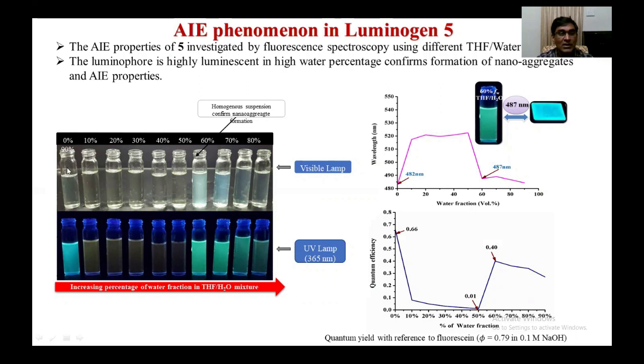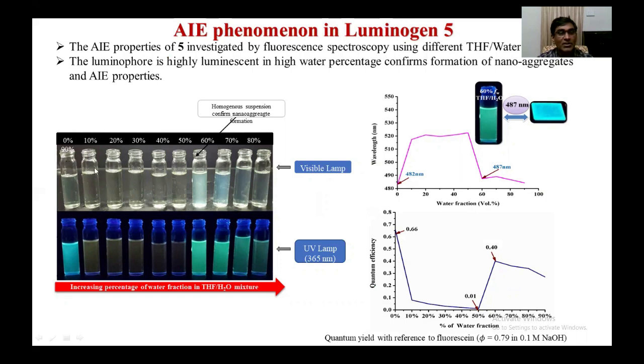Then we add successively the water, 10% in each vial. This is a highly polar solvent: 10% here, 90% THF, 10% water, then 20% water, 30, 40, 50, simultaneously reducing the percent of THF.